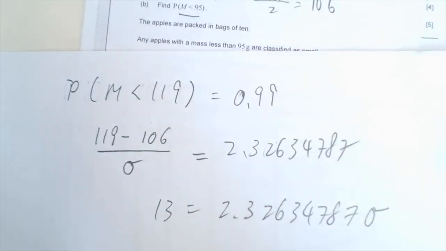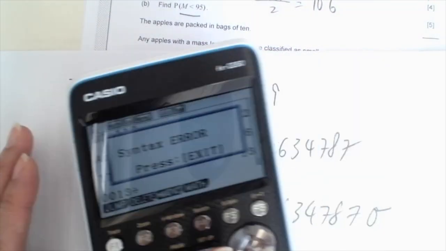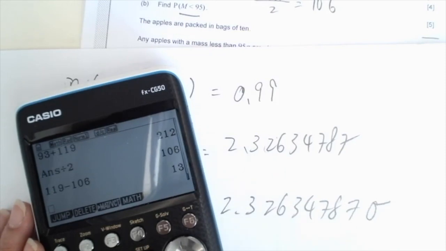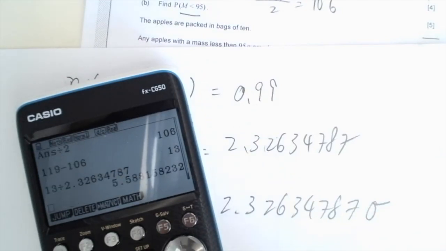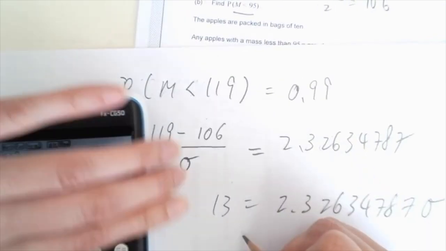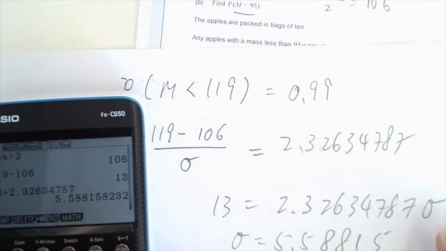So we get through those. Calculator again. So we have 13 divided by 2.32634787. All right, and then we get our standard deviation to be 5.58815. I will leave a bit more. Now with those, I would be able to find it.